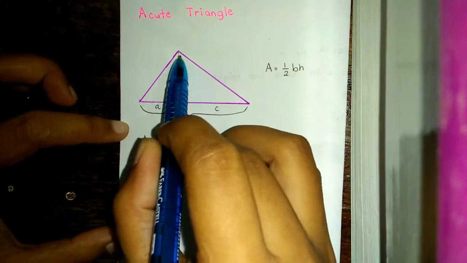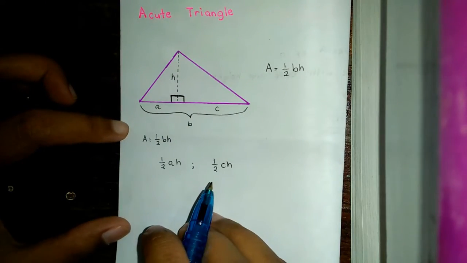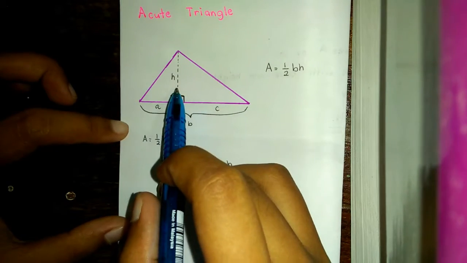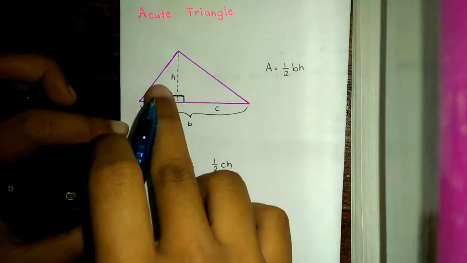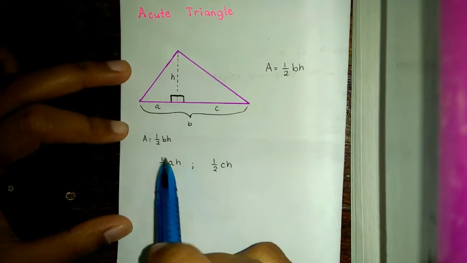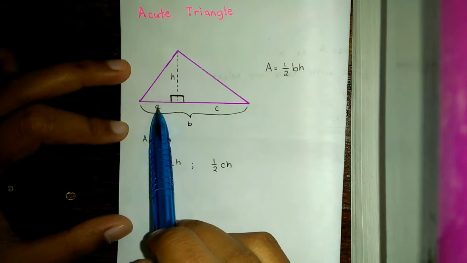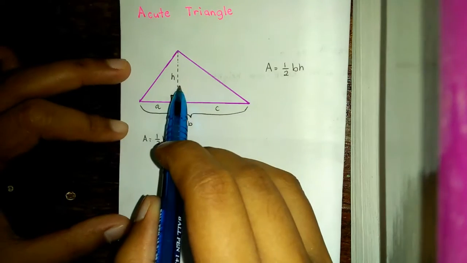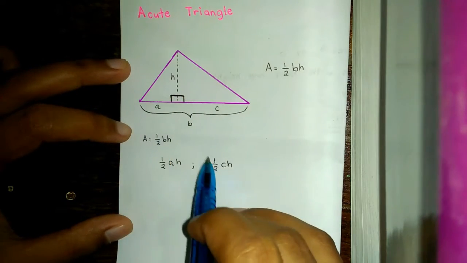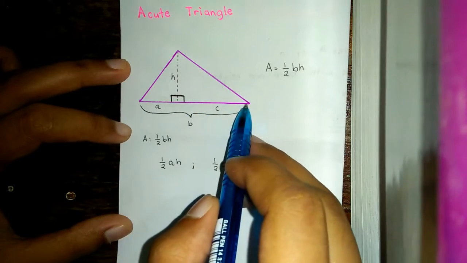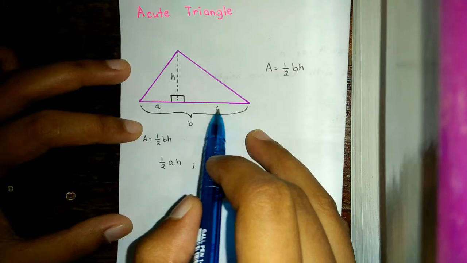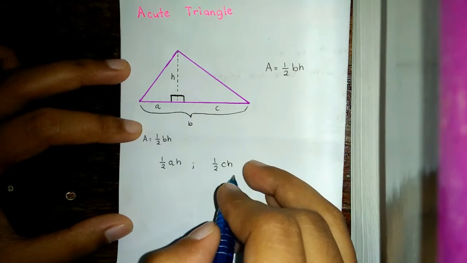In this figure, 1/2 times the base, which is a, and the height, which is h, and this triangle, 1/2 times the base, which is c, and the height, which is h.